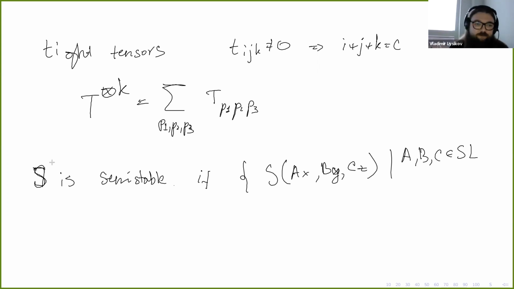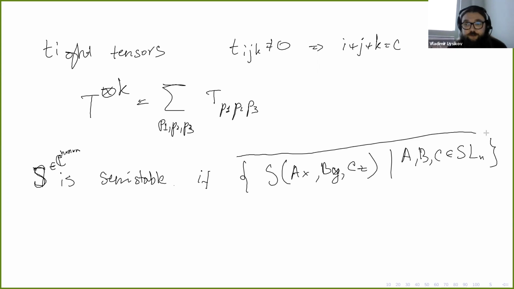Let's say, for example, our tensor is n times n times n for simplicity. If the closure of the orbit doesn't contain 0.